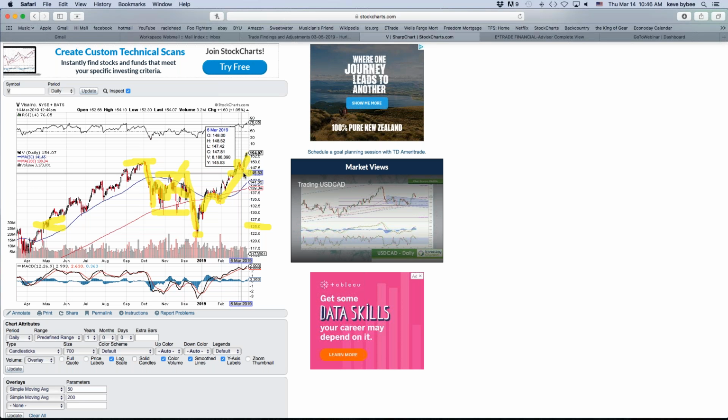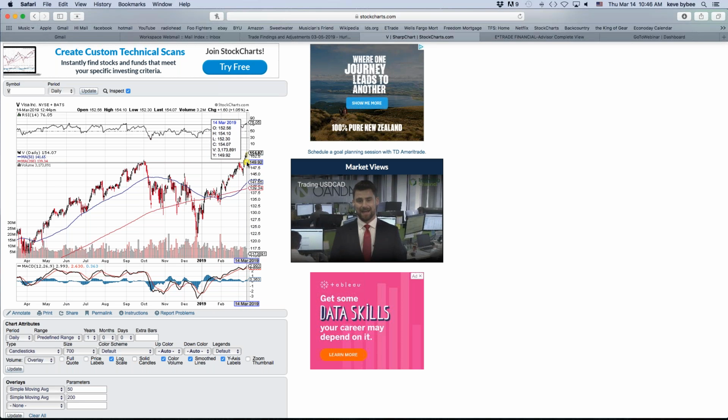Hold back a little bit right here, down to 145. And what we're looking at and why we added some back on is it looks like Visa finally is breaking this resistance level of 150, up at 154 today.